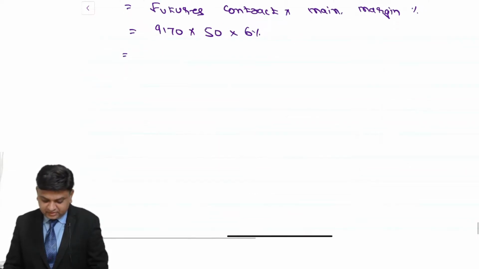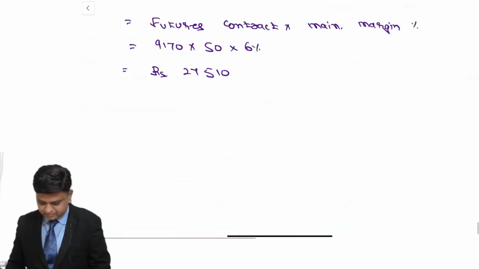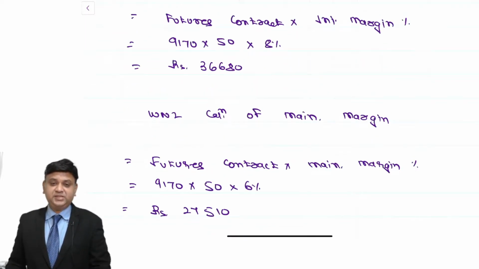That comes to 27,510. That is the way the maintenance margin is supposed to be found.